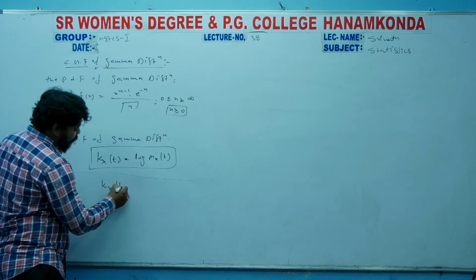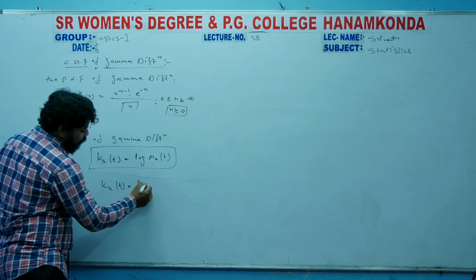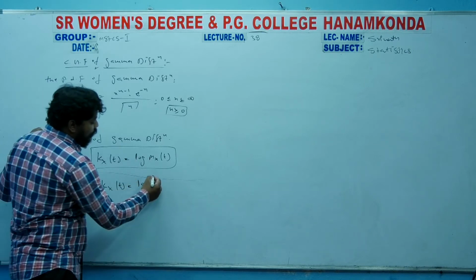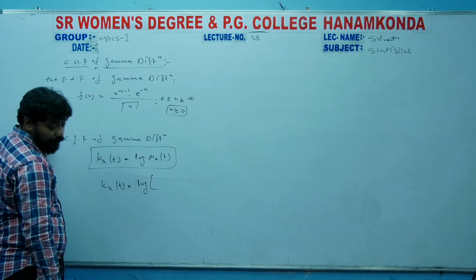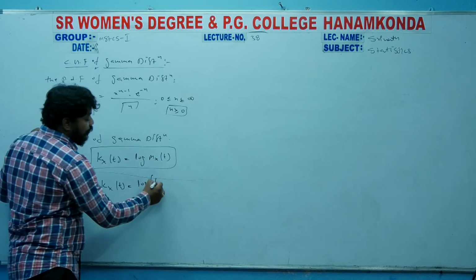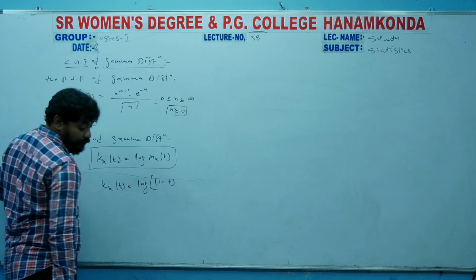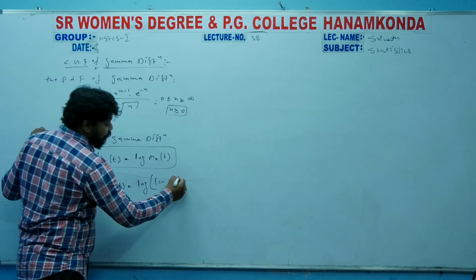So Kx of t is equal to log of Mx of t, which is nothing but (1 minus t) whole power minus n.